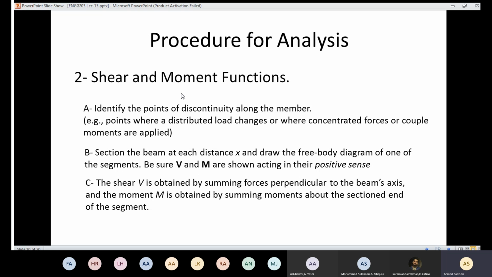And step number 2, we need to get the shear and the moment functions. We need to know the points of discontinuity so that we can know where to cut. Where we are going to have a section depends on the points of discontinuity. We have 3 situations for that. We are going to have a point of discontinuity when a distributed load changes, so we need to take care of distributed loading. Also when we apply a concentrated force, and also when we apply a couple moment.